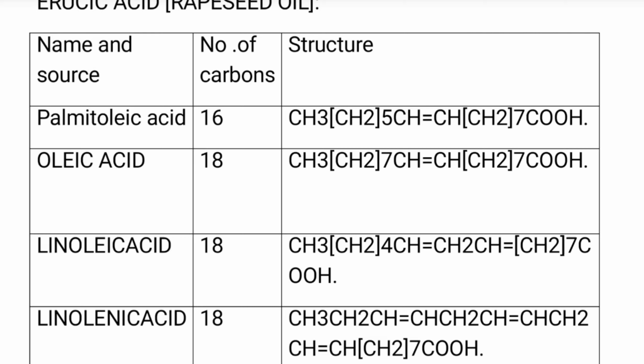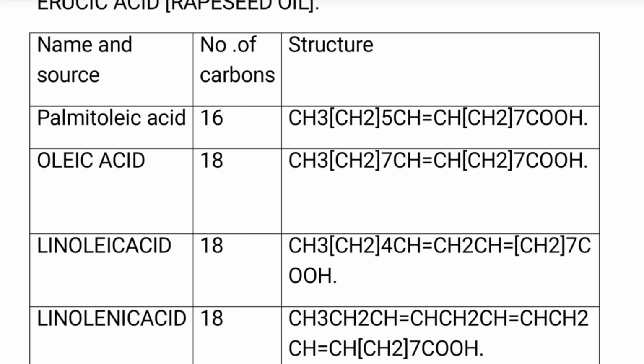Here, palmitoleic acid consists of 16 carbons. If you observe the structure in the third box, you get brief information. If you count the total number of carbons, including the carbon of the carboxylic acid group, there are 16 carbons. Let us count. The CH3 is a single carbon, and next CH2 five times, that is 5 carbons.